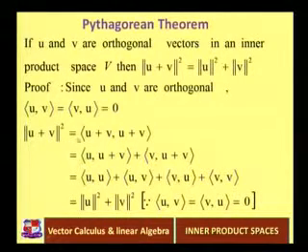Norm of u plus v squared is equal to the inner product of u plus v with u plus v.